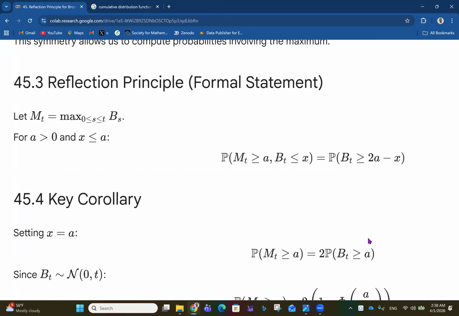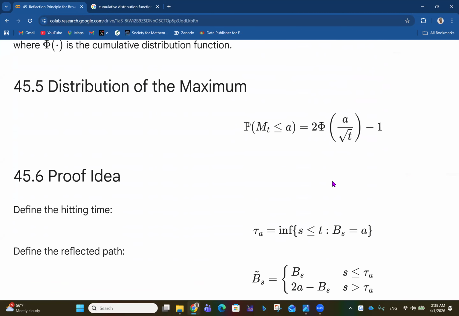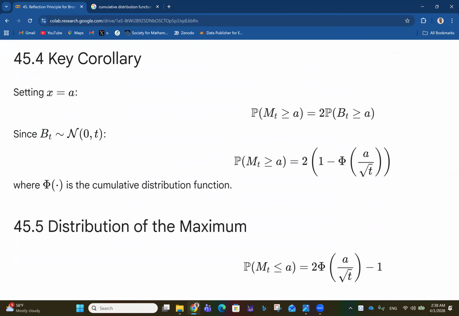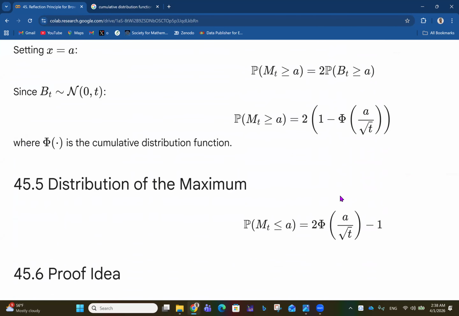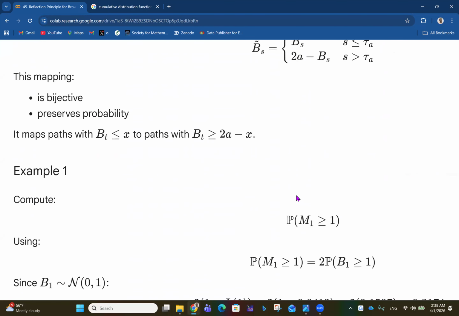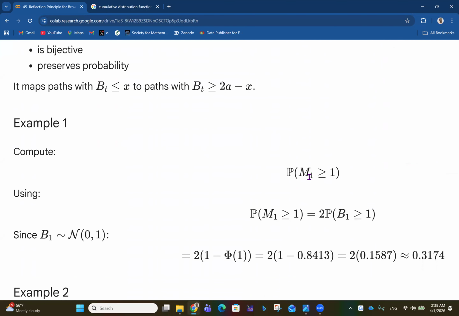If x is equal to a, we go straight, that is, if these two values are the same. But if they are different, we maintain the original thing. Here it has been reduced to only the first one, M1 greater than or equal to 1, so a and x are just 1. That's why we have that double.